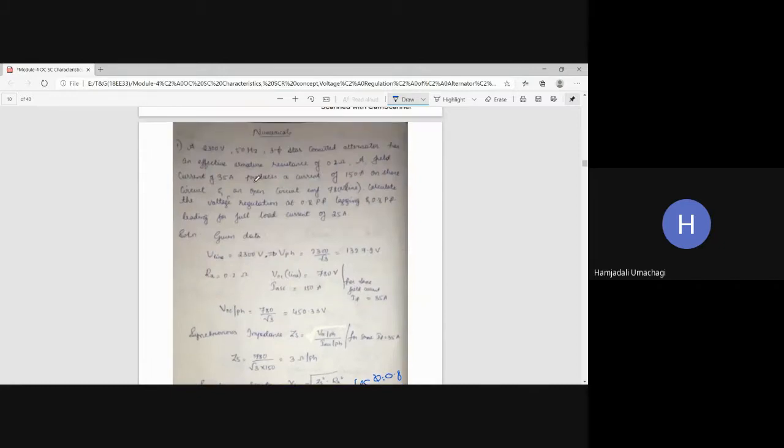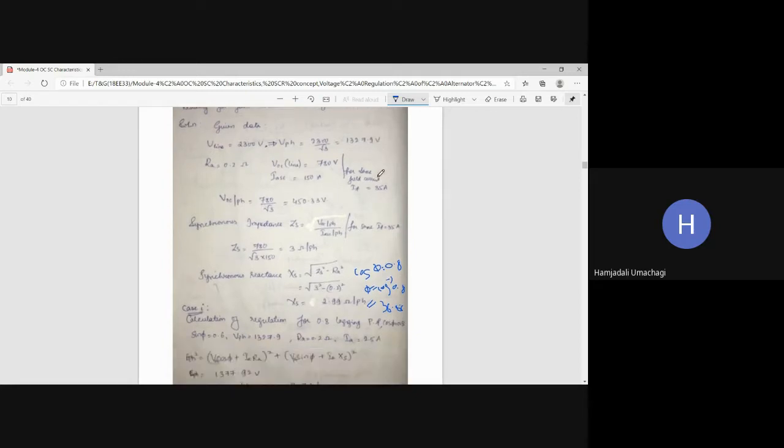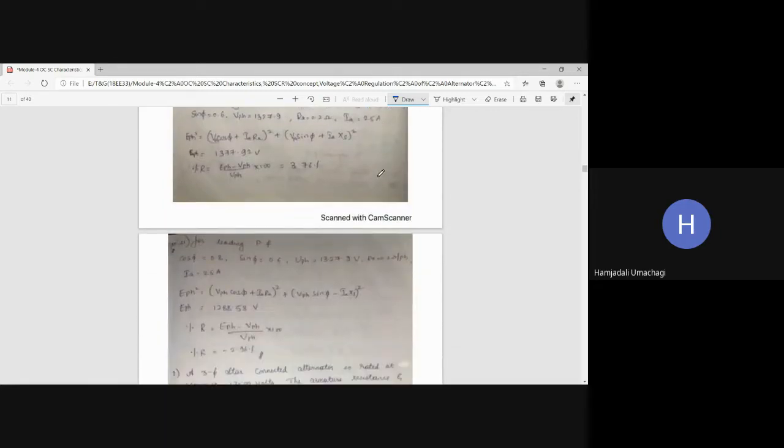Because the alternator has a rating of 2300 volts, so this is the rated line voltage of the alternator. Convert this to phase: VPH is equal to V line by root 3, V line is 2300 volts divided by square root of 3, that is equal to 1327.9 volts. So this will be our VPH value.